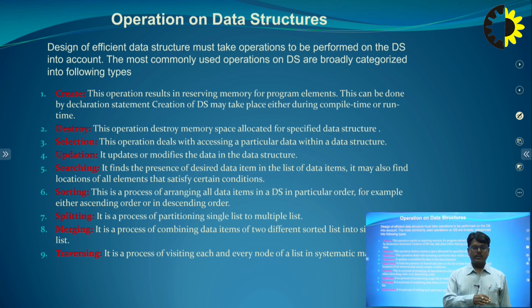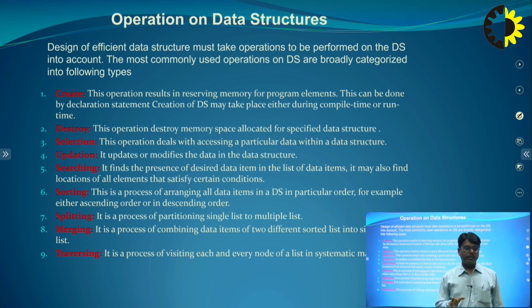Merging is the operation of combining the data items of two different lists into a single list. Next comes a very important one, as we have already talked about in the previous presentation: traversing.